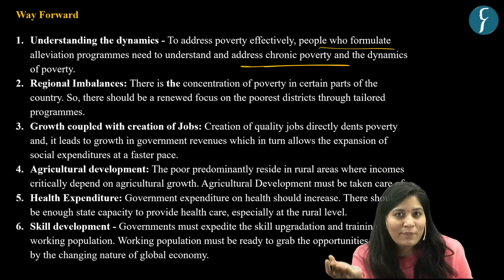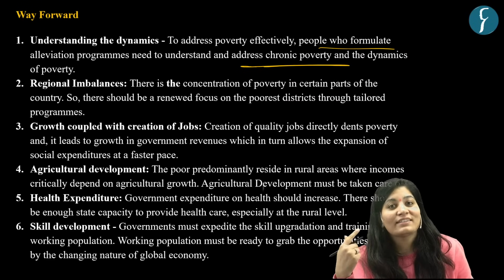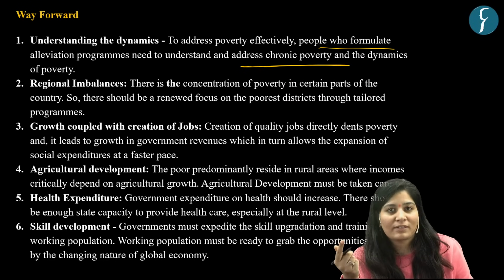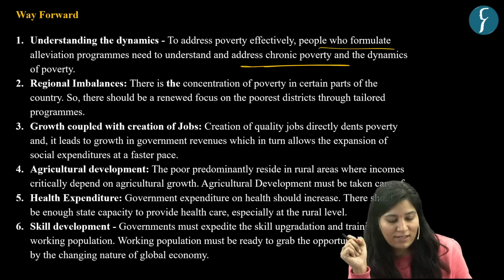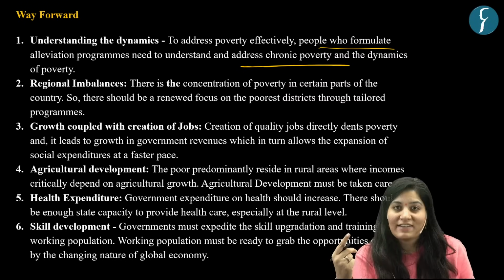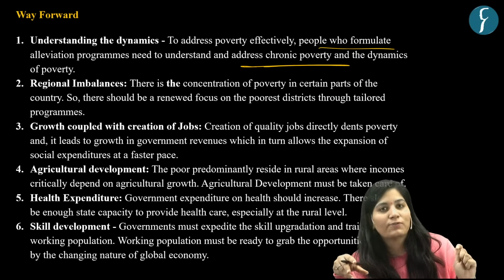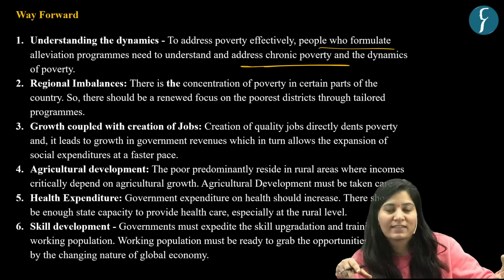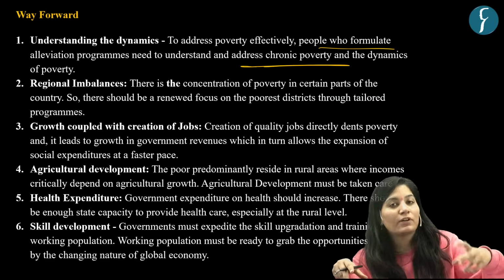So to elevate them, to bring them out of that chain, you need a tailored approach, a targeted approach. Okay. So for that, you need to address chronic poverty and the dynamics of poverty. You need to find out which section is facing extreme poverty, and what kind of approach will work for them.